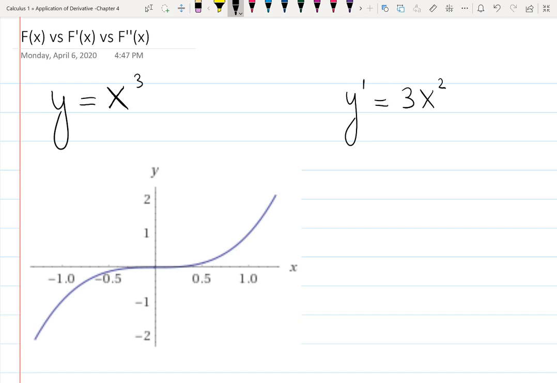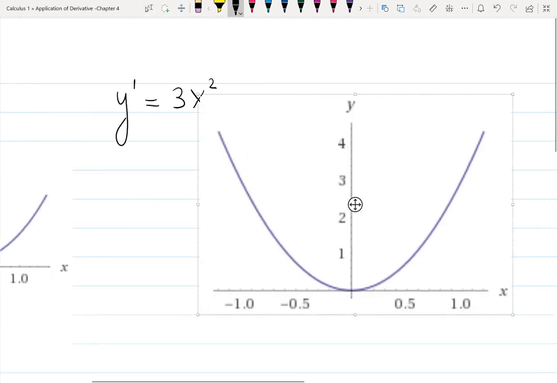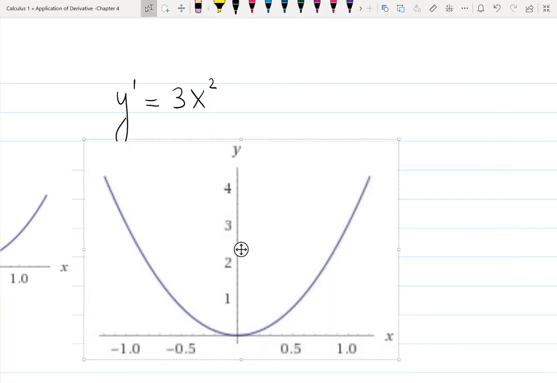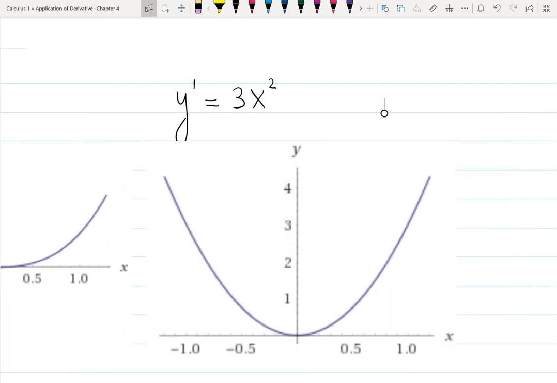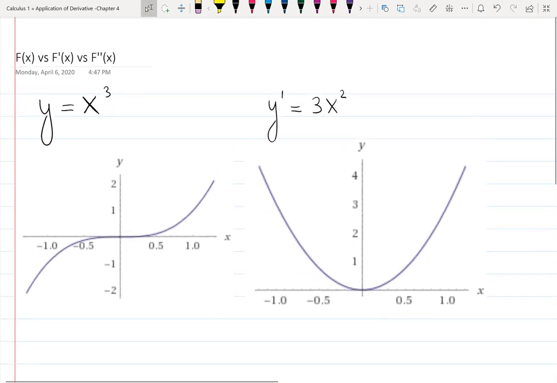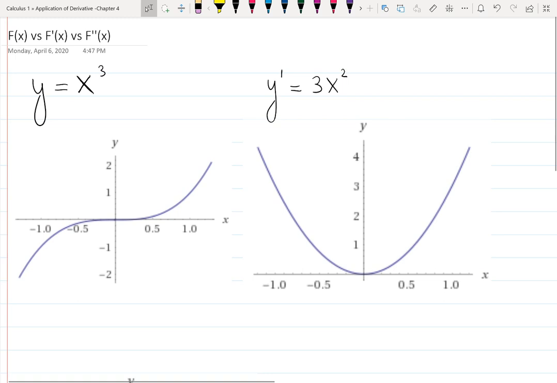The derivative of the cubic function is now a quadratic function, precisely a parabola concave up because 3 is positive. Here is the graph of the parabola concave up. The 3 means it's a little bit stretched, basically how fast it's going up. So that's the original function and its derivative.